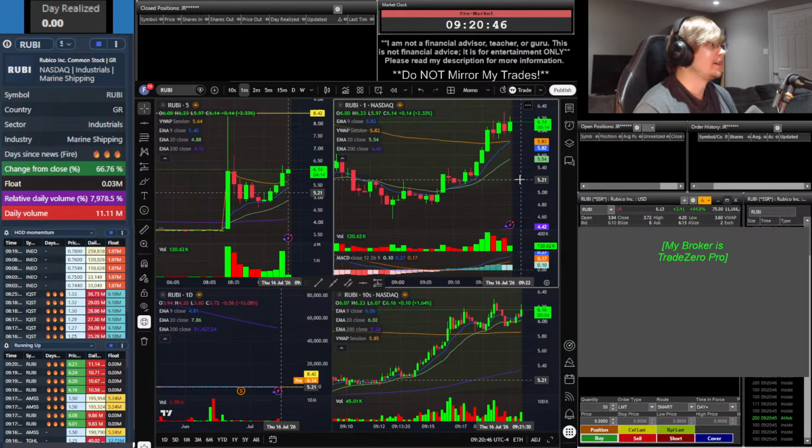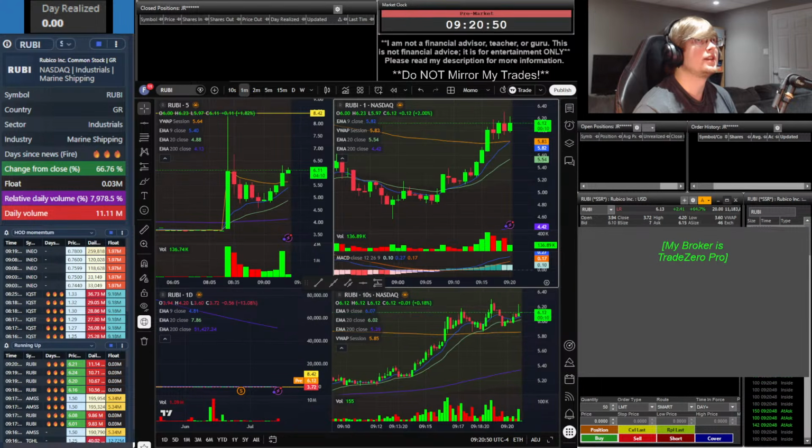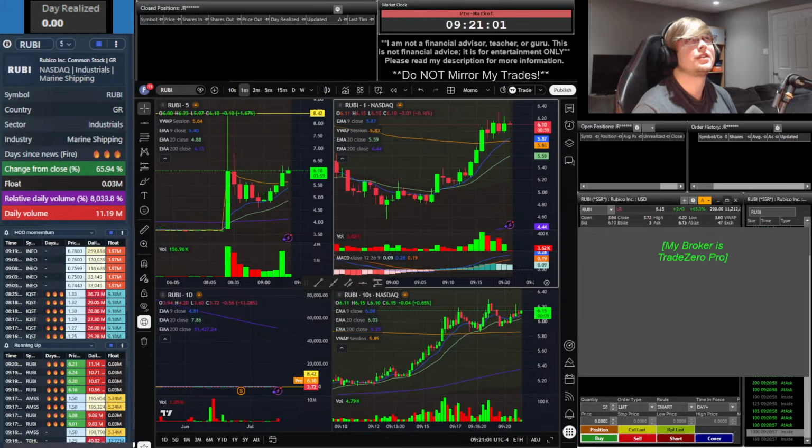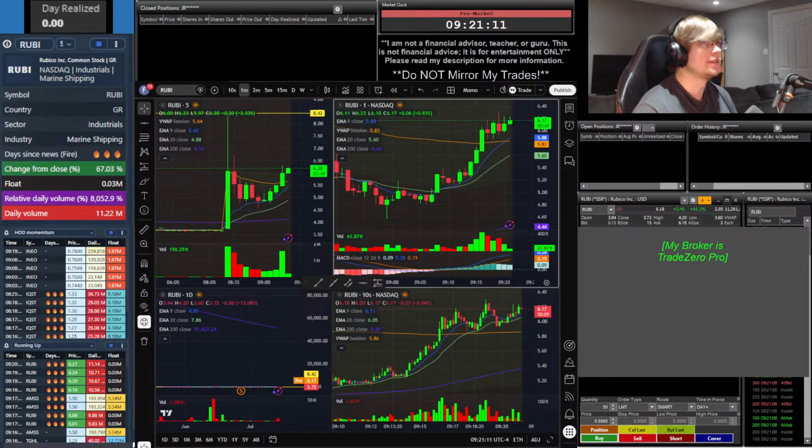I'm also considering whether I should even have my scanners up on the screen. I could get in trouble for leaving my scanners up too. The charting software is not an issue. I don't think the order entry windows are an issue. I'm not sure about my scanners yet though. I'm still small, so I don't think I'm going to get in trouble.